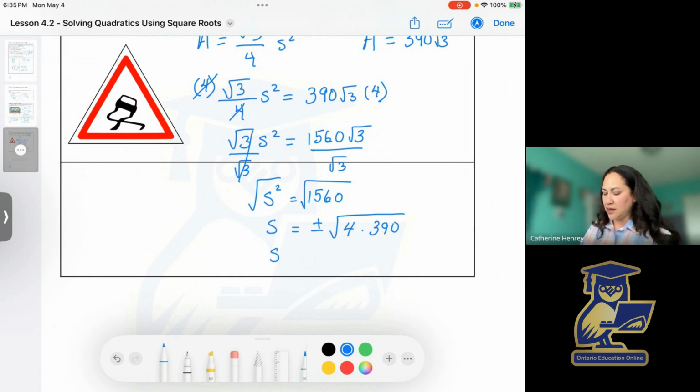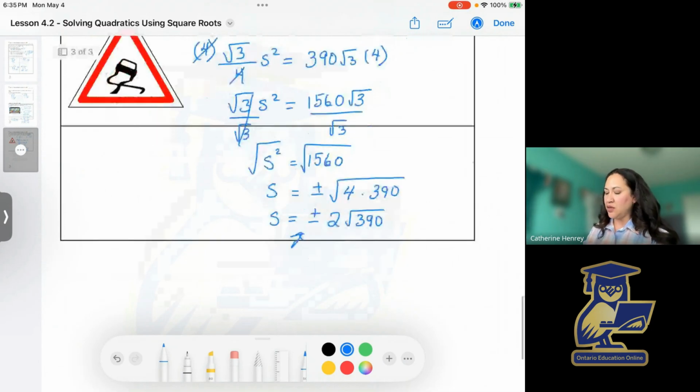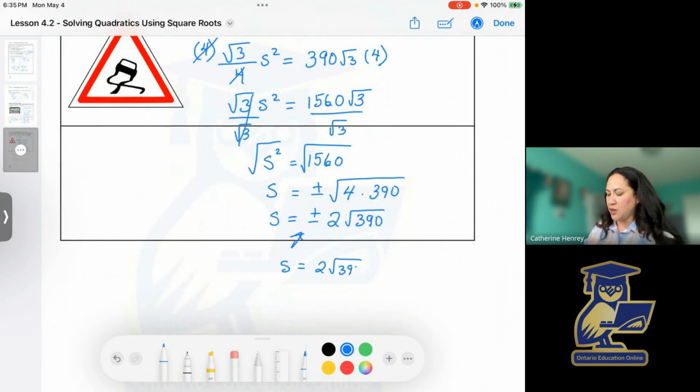So S is equal to plus or minus 2 times the root of 390. But again, we're talking about a stop sign, so we cannot have a negative side. And so the only answer here is S equals 2 root 390. It's got to be the positive case.